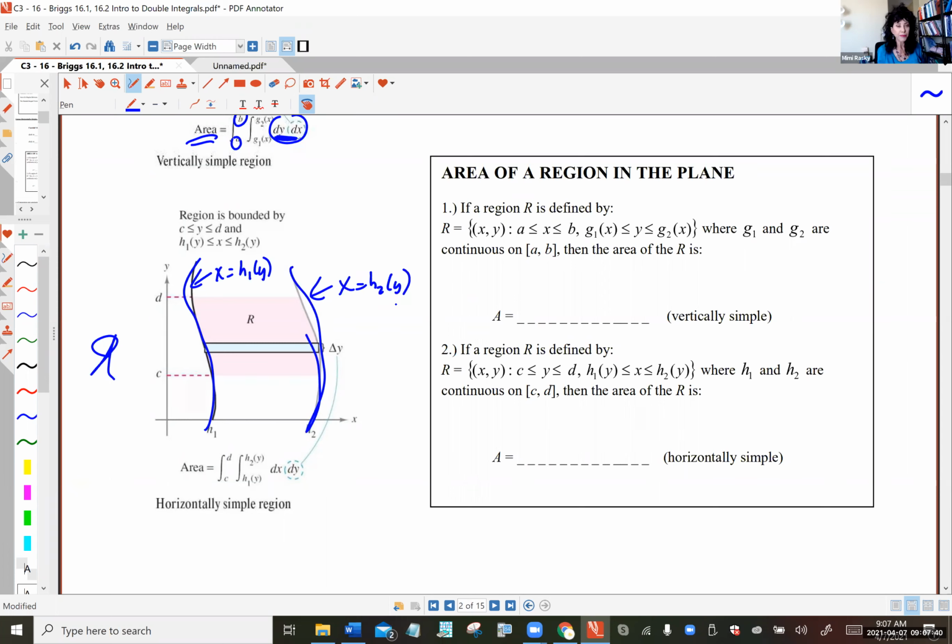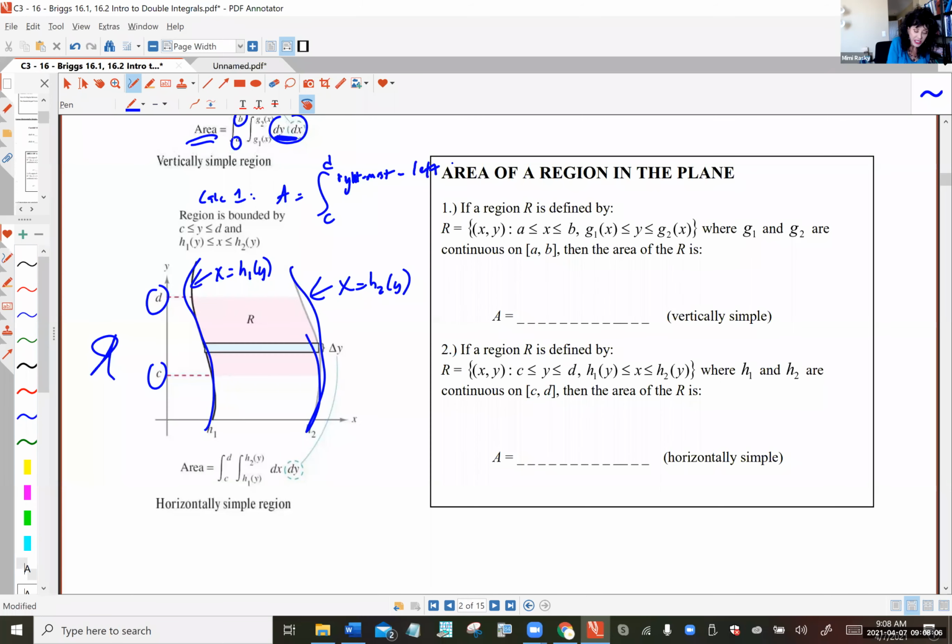When you set up your Calc 1, so if I just do a quick Calc 1 on this one, the area would be an integral, but you would integrate with respect to y, okay? And so you would have the limits be some numbers on the y-axis, c to d, and instead of taller minus shorter, you're going to do rightmost minus leftmost.